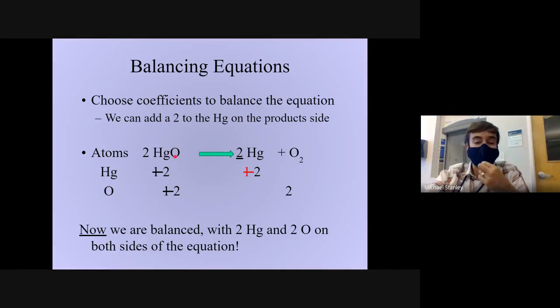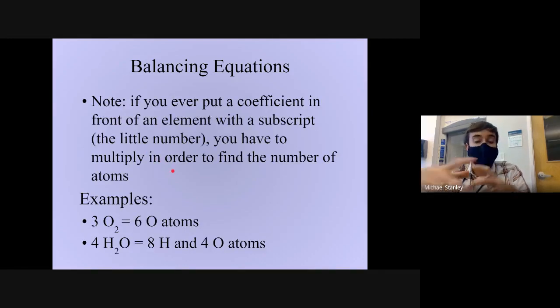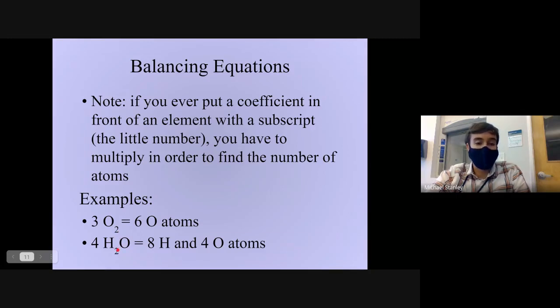There's one more important thing to know about coefficients, and that is when they interact with subscripts. So I already mentioned that these subscripts down here are set in stone. You can't do anything with them. Sometimes you'll be in a position where you have to put a coefficient in front of an atom or a compound with a subscript.